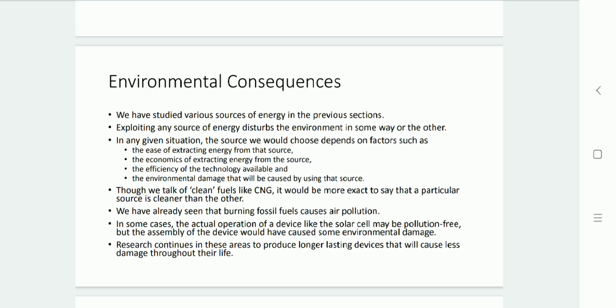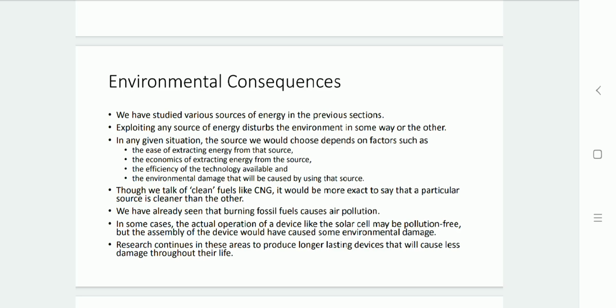Though we talk of clean fuels like CNG, it would be more exact to say that a particular source is cleaner than another. We need to compare all the fuels and select which is cleaner and utilize that.